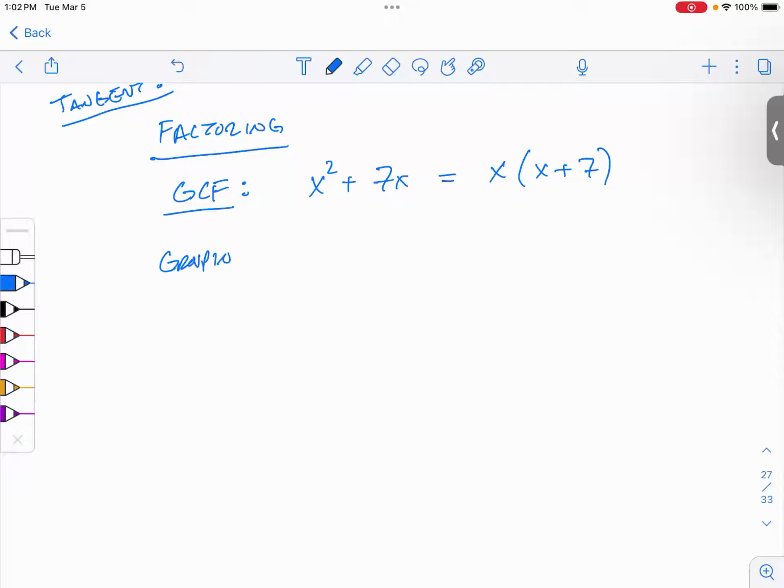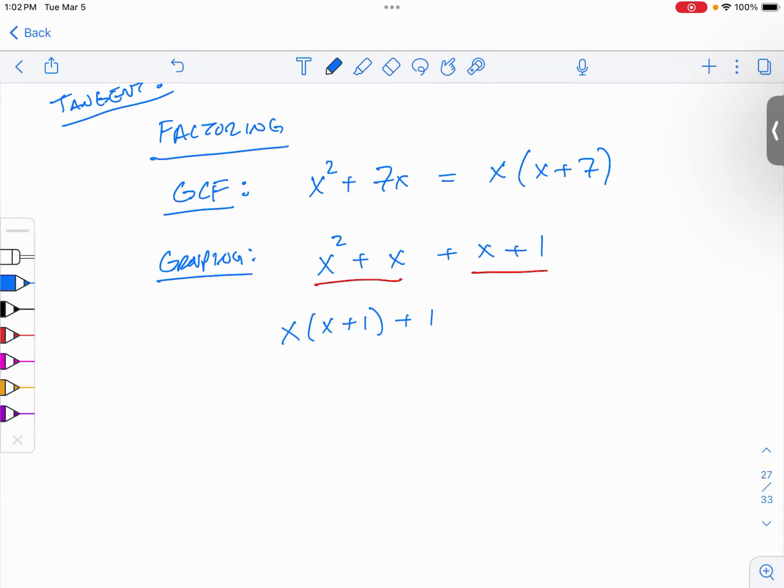We talked about this one last time, grouping. When you have terms that are similar, we look at the terms 2 at a time, right? So when you have 4 terms, you look at them 2 at a time, and for the first ones I say, okay, what can I pull out of the first 2 terms? I can pull out an x. What can I pull out from the second 2 terms in this case? 1, right?